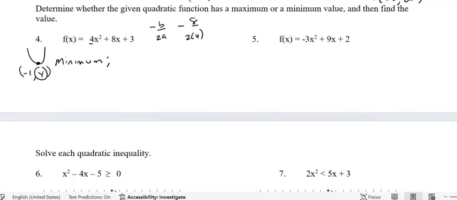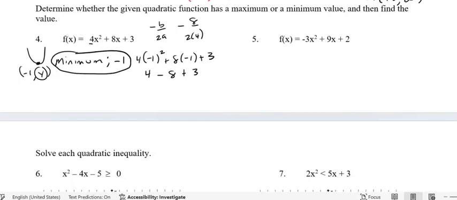That's not the value we're looking for, so we have to plug negative 1 into the function, and the y value is what we're going to use to answer the actual value of the minimum. Negative 1 squared is 1, so that's 4 minus 8 plus 3. Negative 4 plus 3 is negative 1. So there's your complete answer for number 4.